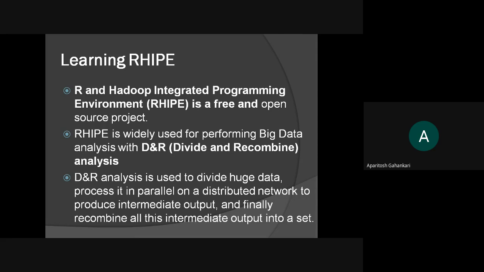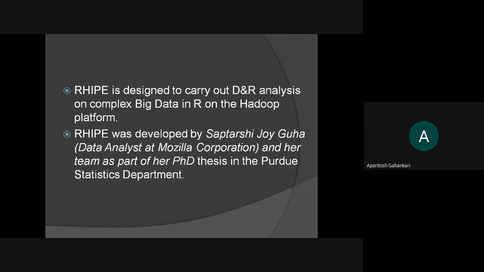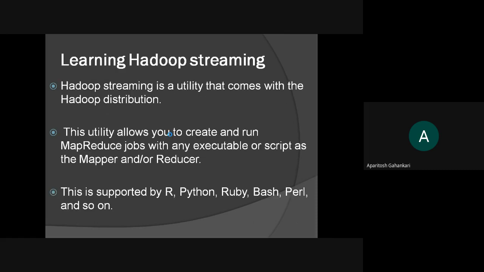D and R analysis is used to divide huge data, process it in a parallel manner using the distributed network to produce the intermediate output, and finally it recombines the intermediate output into a set. So these are nothing but your map and reduce functionality. Okay, so RHIPE is designed to carry out the D and R analysis on big data, and it was developed by PhD students.